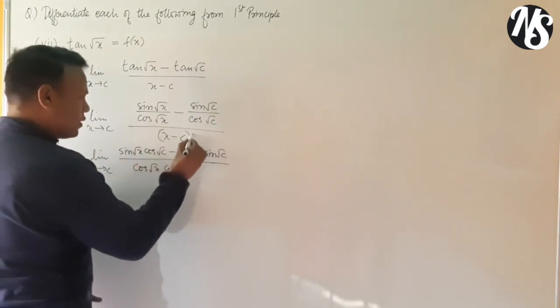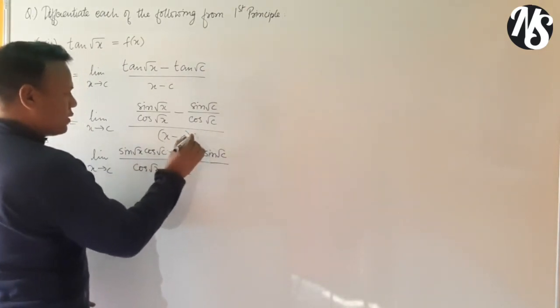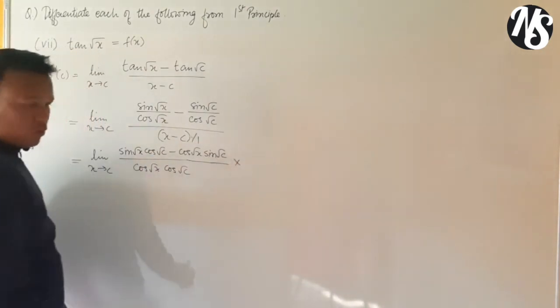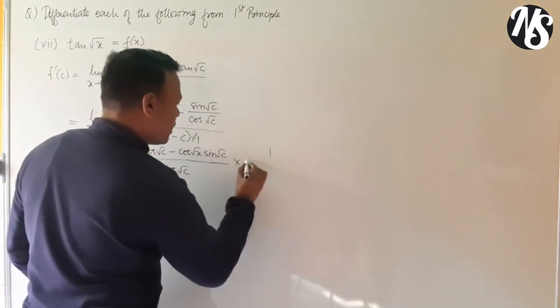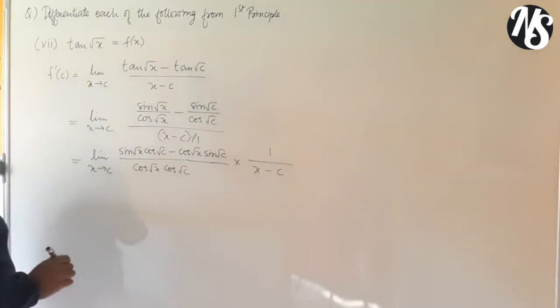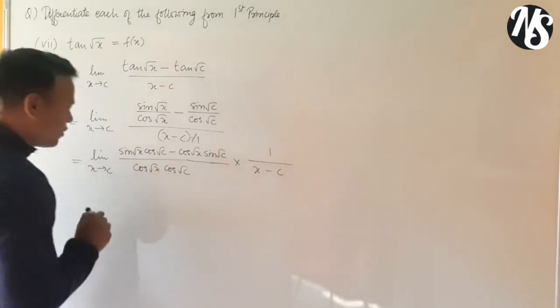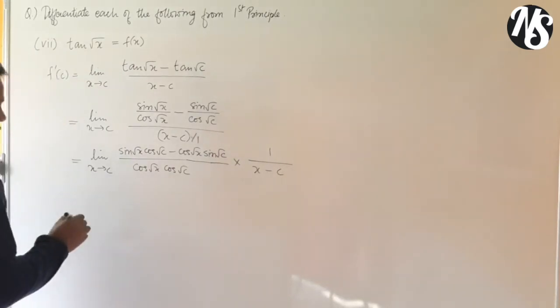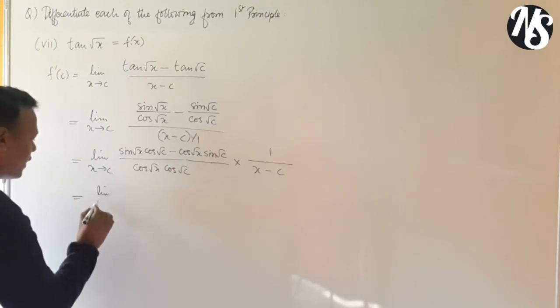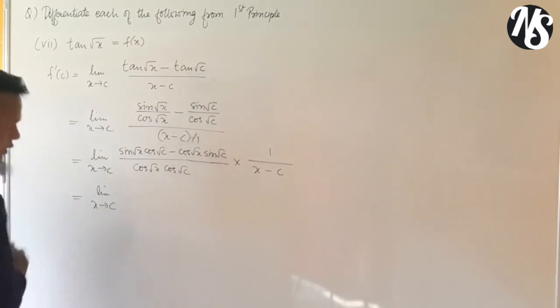Now the denominator can be written as this by 1, and this division can be written as into. So this becomes 1 by x minus c. Now see here carefully. We have limit x tends to c.